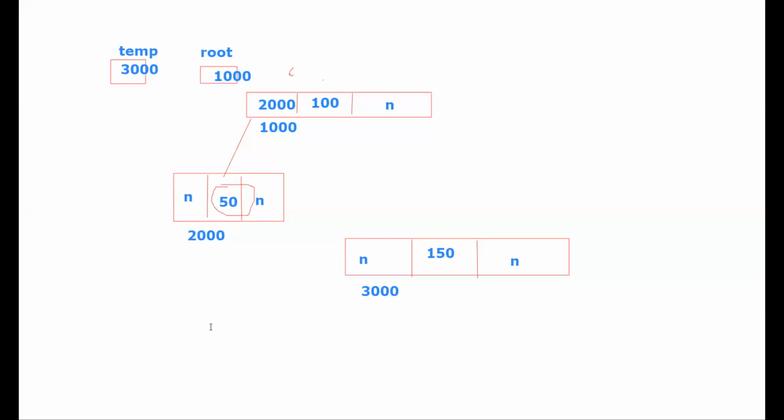Is it not equal to null? This is false, it is null, so the if will not work and I go directly to the else part. What I'm doing is assigning the temp address, 4000, to root's right. Root's right is this field, which was null; this node is 50.